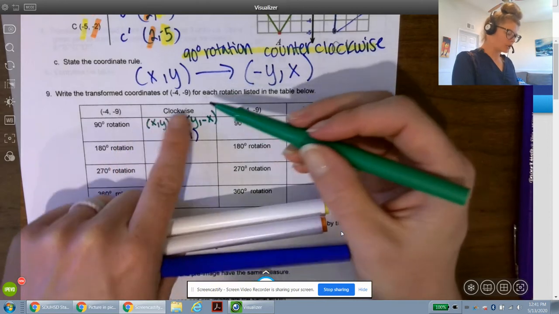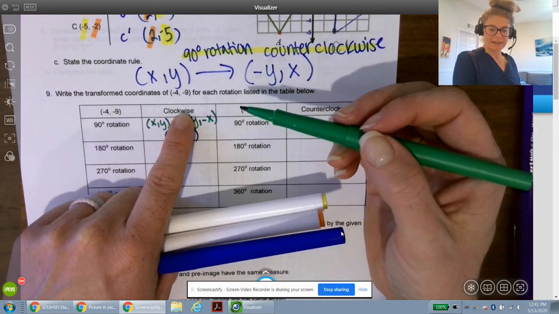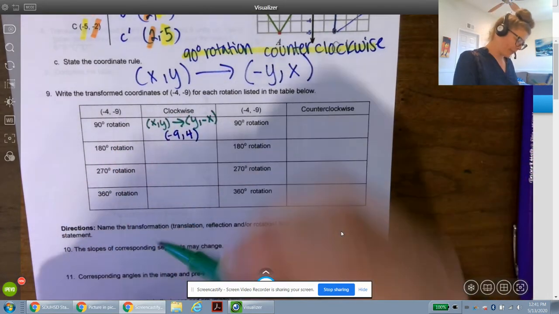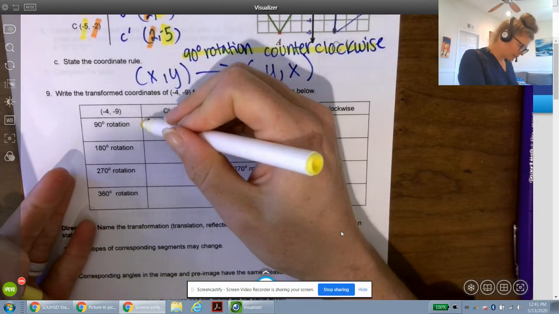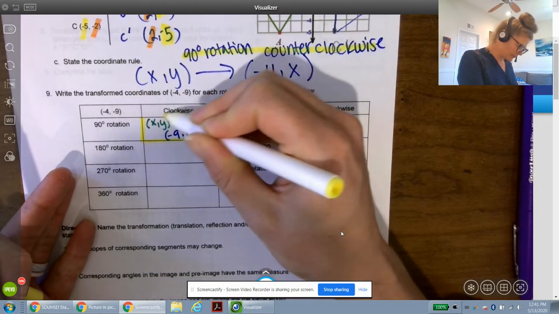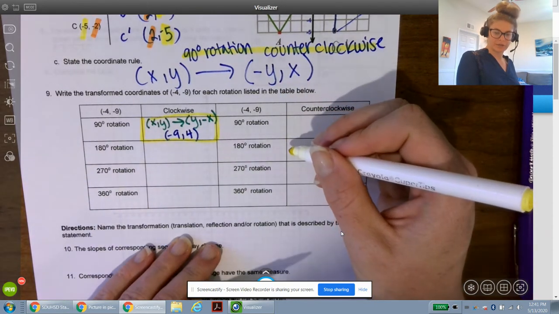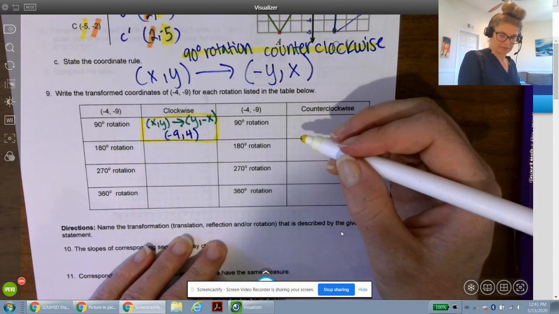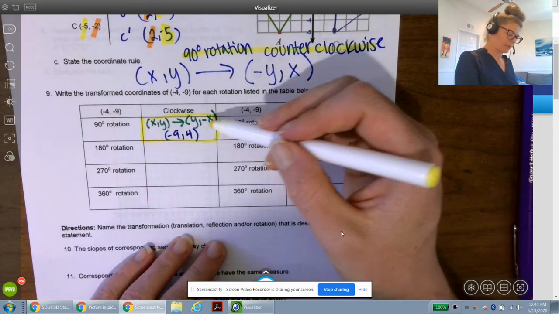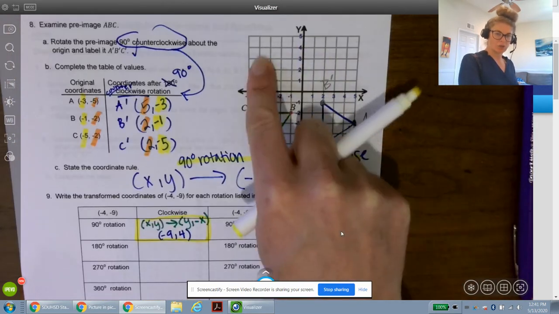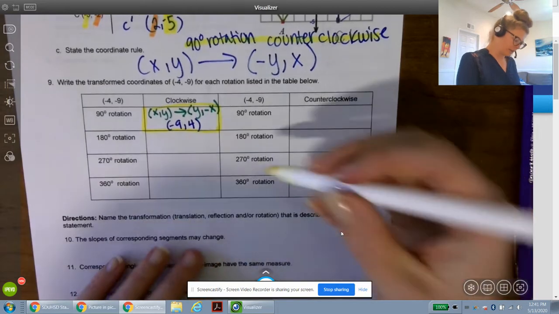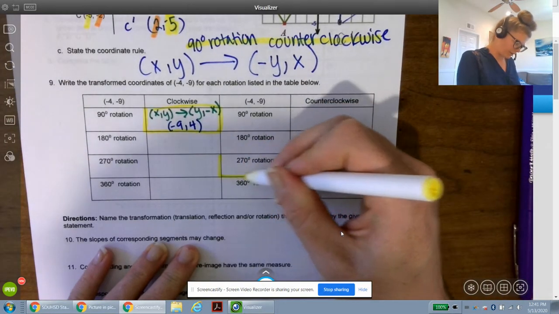Our 90-degree rotation clockwise is the same as a 270-degree rotation counterclockwise.